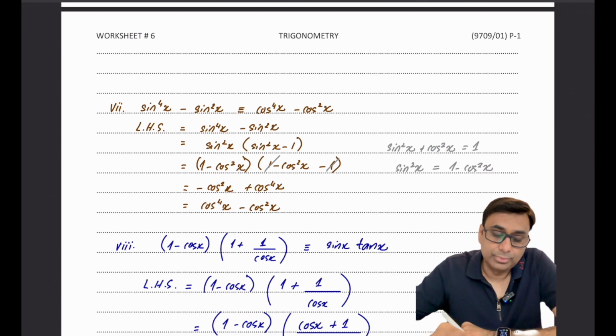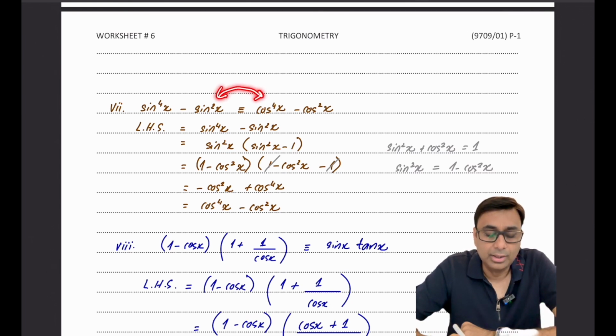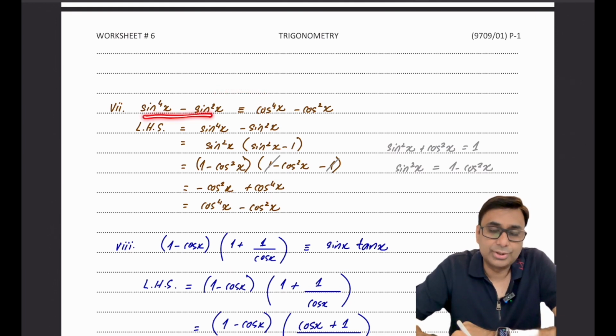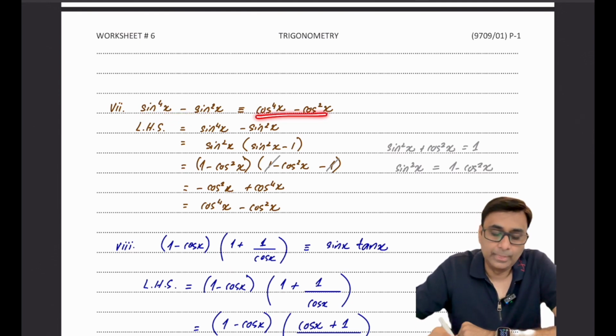Looking at another example, I have to prove sine 4x minus sine square x is identical to cos 4x minus cos square x. And here, since these are equally complicated sides, it wouldn't matter which side I start from. If I start with this side, I'm going to try to convert this into cos. Or if I start with this side, I'm going to try and convert this into sine.